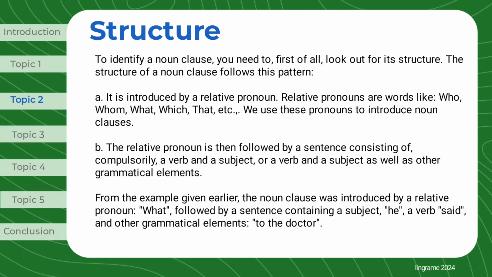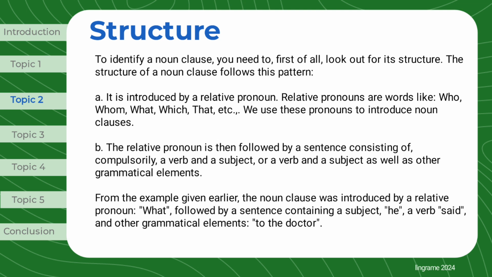Structure of noun clauses. To identify a noun clause, you need to, first of all, look out for its structure. The structure of a noun clause follows this pattern. It is introduced by a relative pronoun. Relative pronouns are words like who, whom, what, which, that, etc. We use these pronouns to introduce noun clauses.